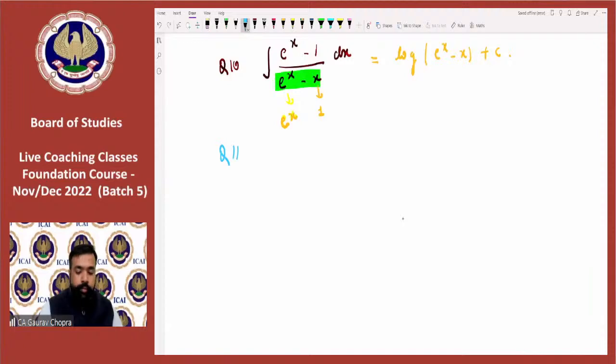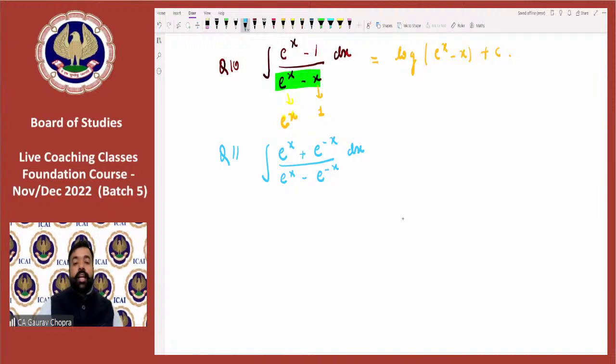then the next one, e to the power of x plus e to the power of minus x divided by e to the power of x minus e to the power of minus x dx. Now this time this is the question.